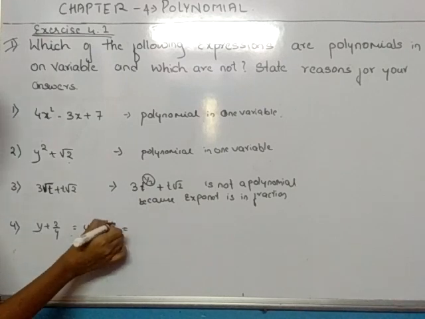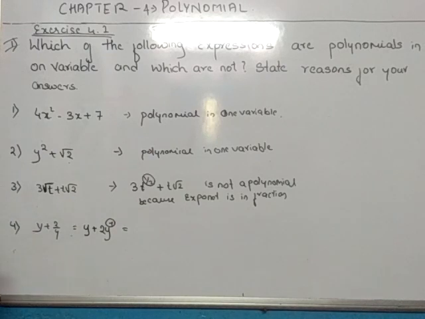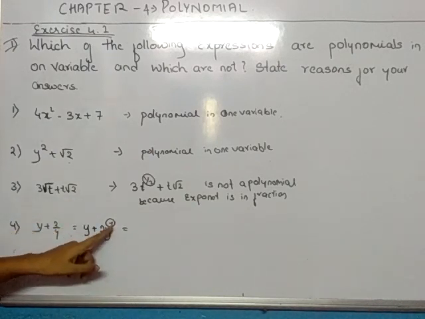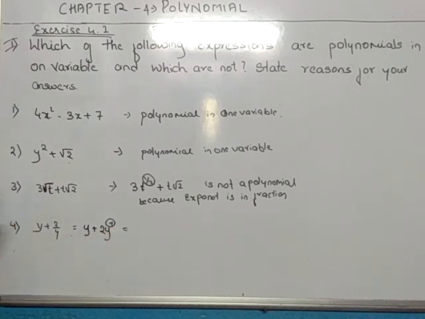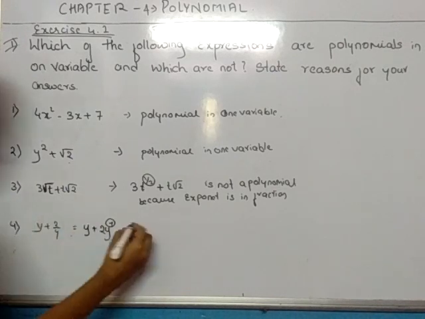You can see that, as I told, the power must be a whole number or a positive integer. But the power of the variable is negative. So again this is also not a polynomial, because the exponent is a negative integer.